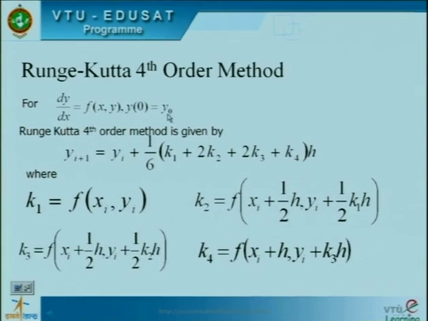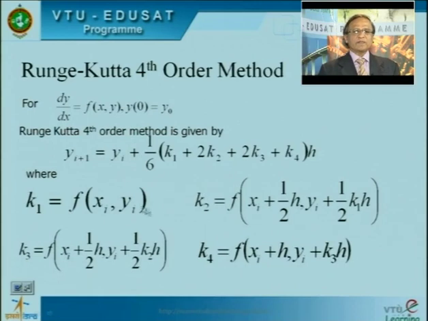We may ask why we want to use the fourth order Runge-Kutta method, or a numerical method. We discussed this in the last session: if we are unable to find the analytical solution of a given differential equation, then we go for a numerical method.